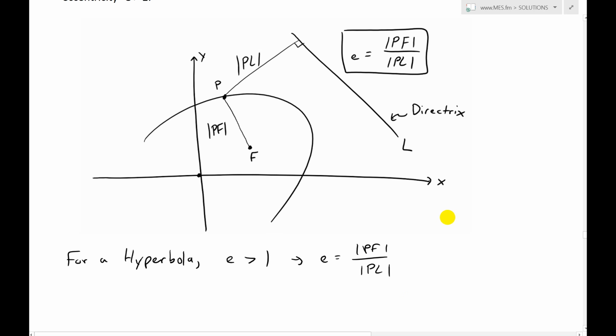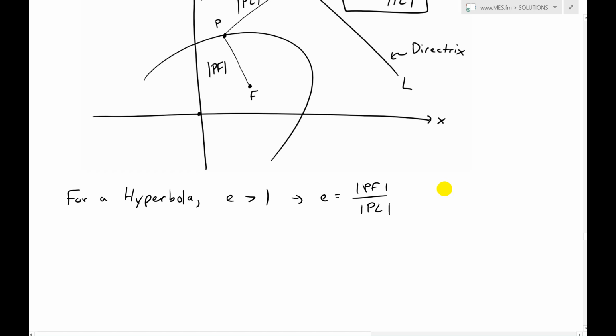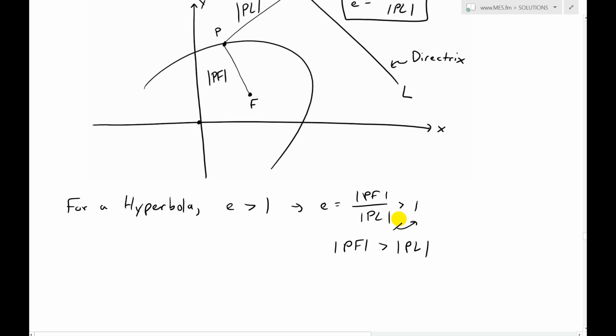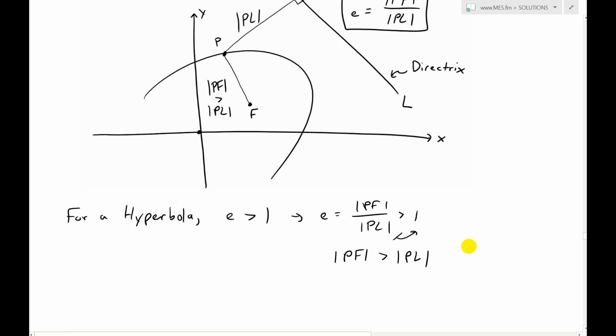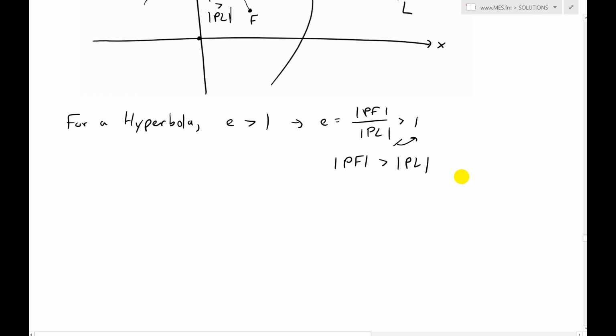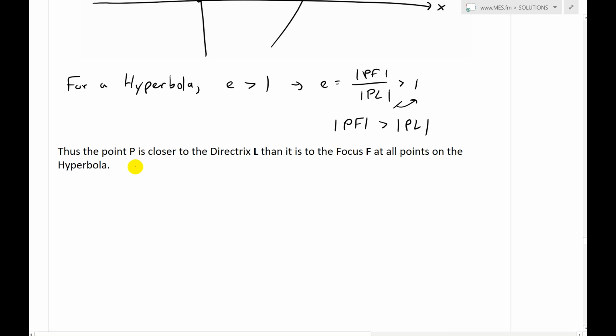So this means that it's greater than 1. In other words, if we move this around, what we have is PF is greater than PL for a hyperbola. So the point is closer to the directrix than the focus. Thus the point P is closer to the directrix L than it is to the focus F at all points on the hyperbola.